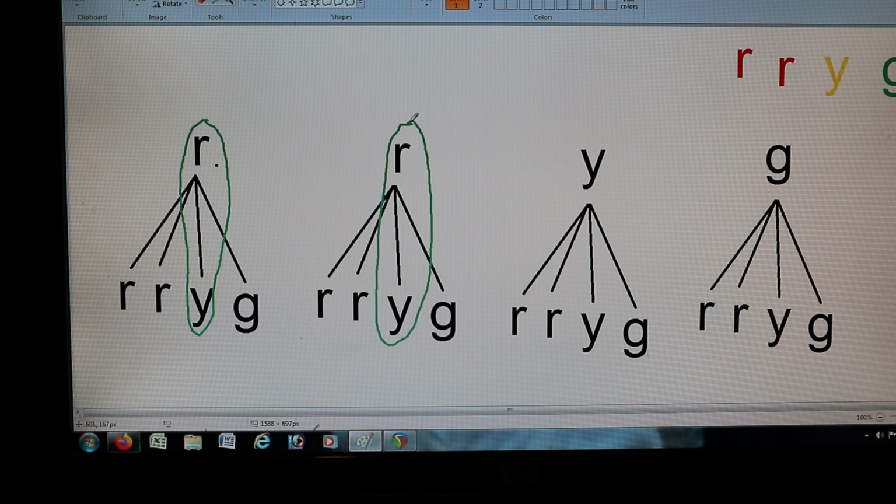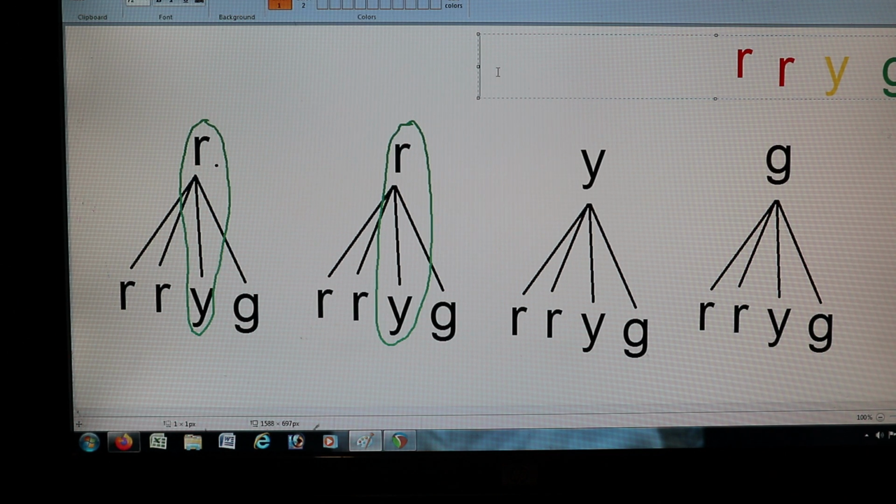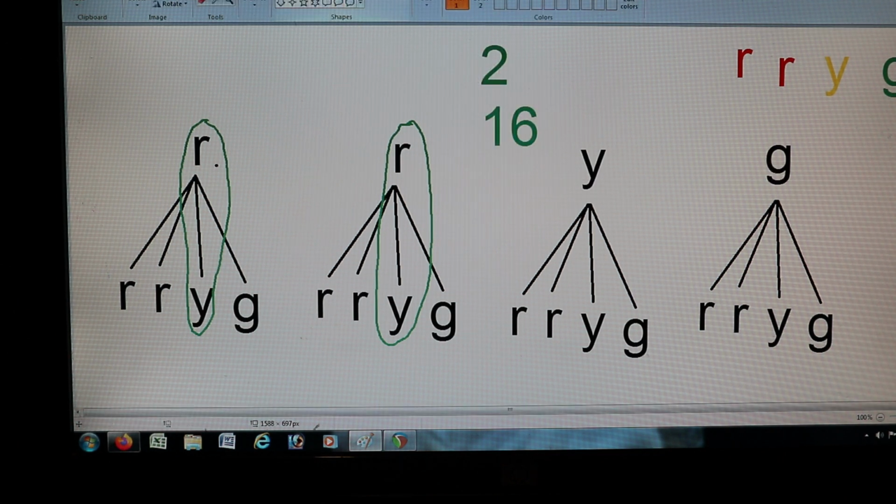If the criteria is the first pick has to be red and then the second pick has to be yellow, those are the only 2 possible combinations. So you would have a 2 out of 16 chance of first drawing a red out of a hat and then a yellow if you just randomly picked two blocks after replacing the first one.